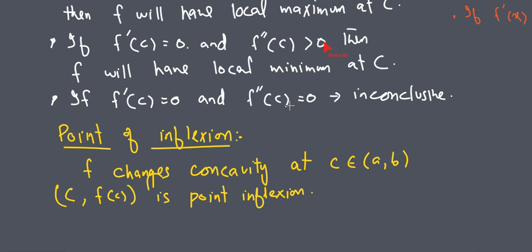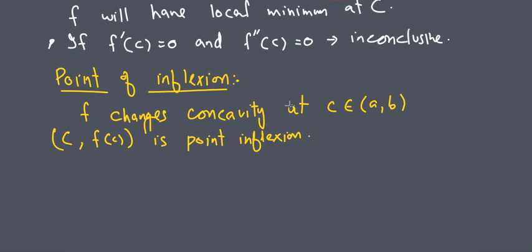Okay, now what are its properties? Point of inflection is a point in which the function will change its concavity. Concavity means what is it? Okay, I have a question.